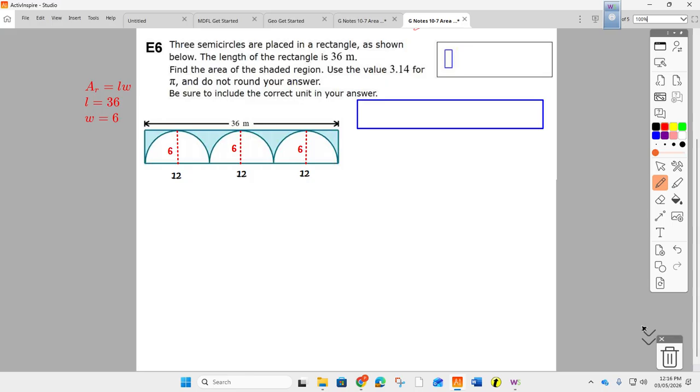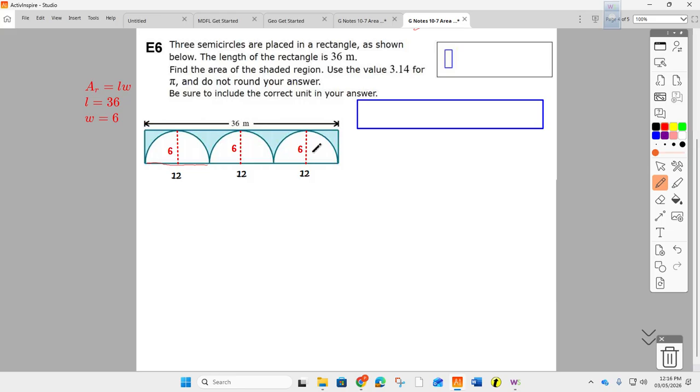It tells us that the length of the rectangle is 36, and it gives us that each of the diameters are 12. We know that all the semicircles have the same diameter, so all the semicircles are going to have the same area. Does that make sense, Kellen? Does that make sense, Tori? Okay. So we're finding the area of the semicircle.